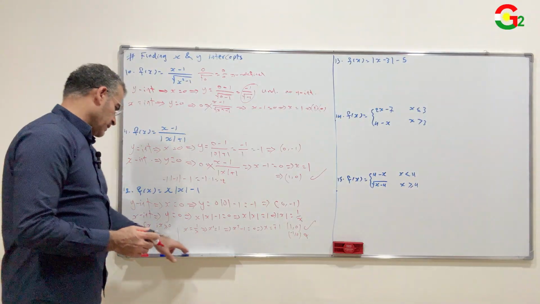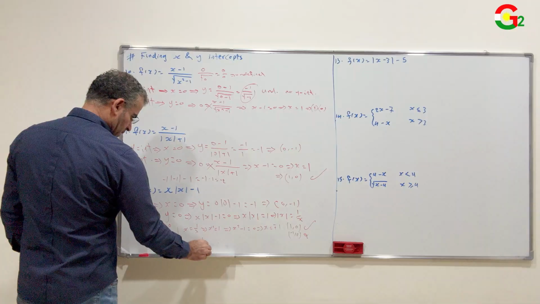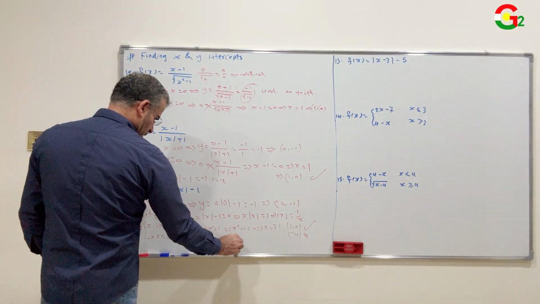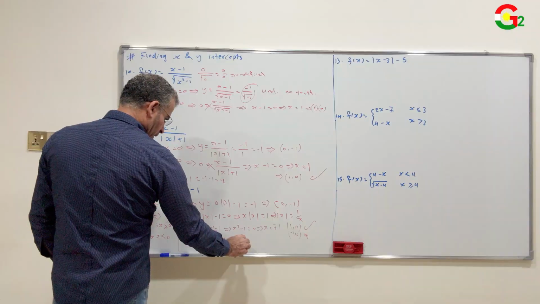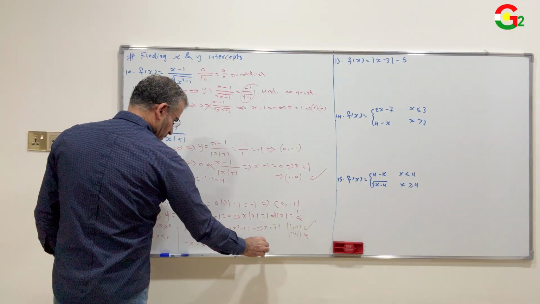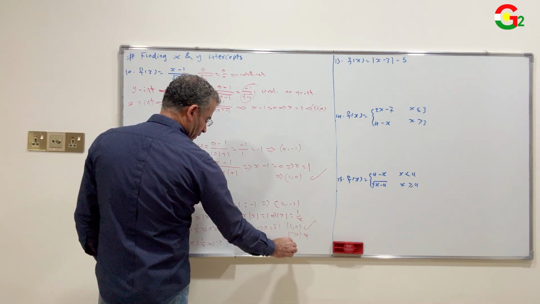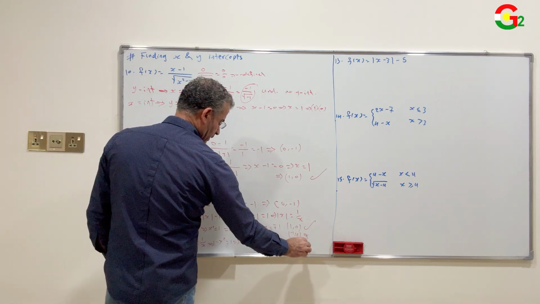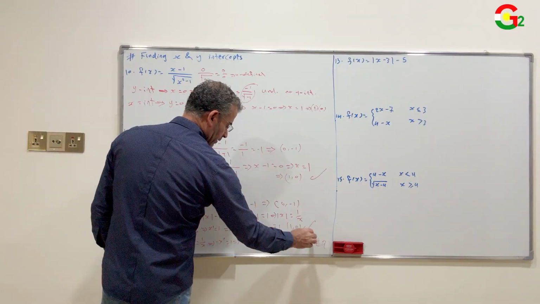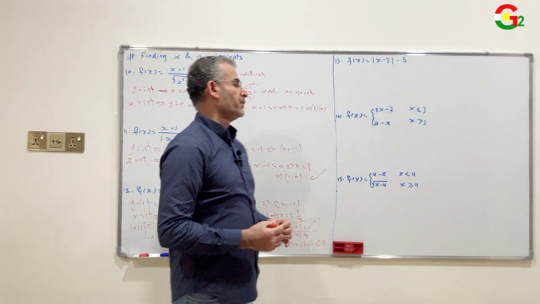For the other case, if we set negative x equal to 1 over x, then we get negative x squared equals 1, then x squared plus 1 equals 0, then x squared equals -1, then x equals plus or minus the square root of -1, not a real number. The only x-intercept point is (1, 0).